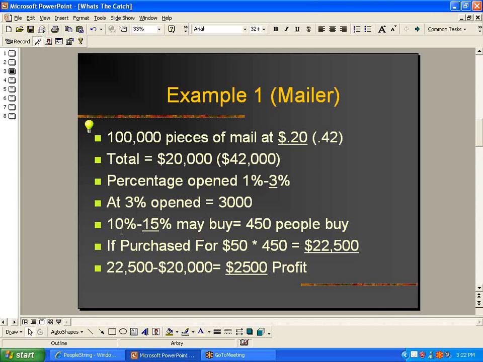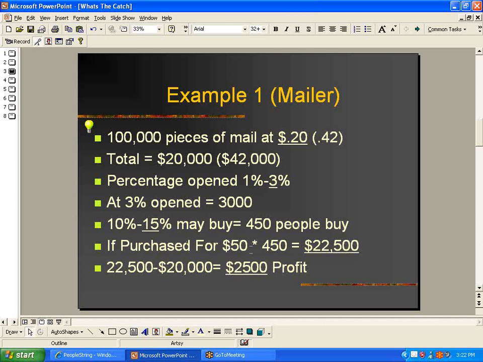Now, generally, you're going to see a 10 to 15% ratio of people who open that mailer and purchase the merchandise or the items being sold. So out of 3,000 people, we have 450 people who actually bought something, and we're using 15%. So we're going with the higher number, which is also pretty high for today's economy.